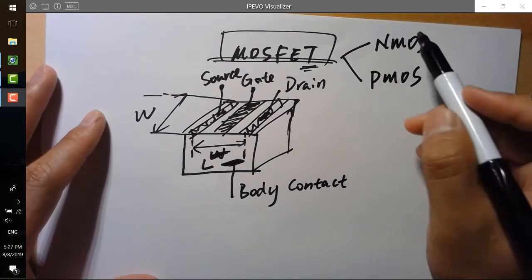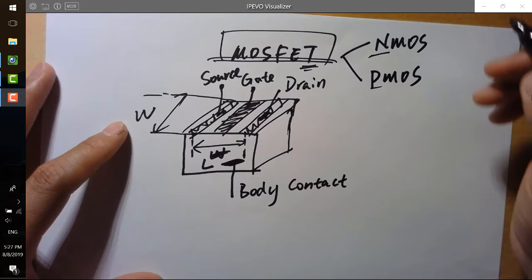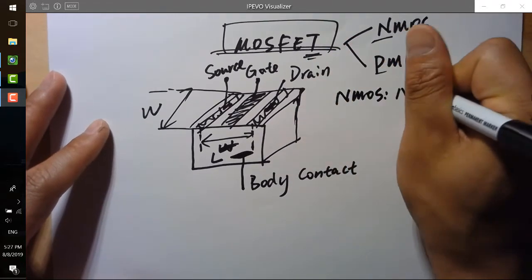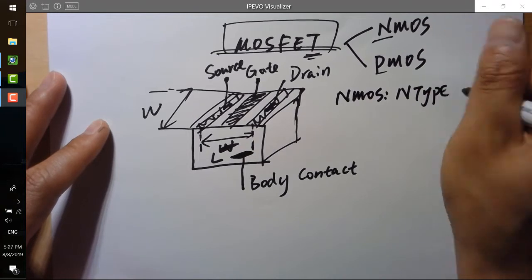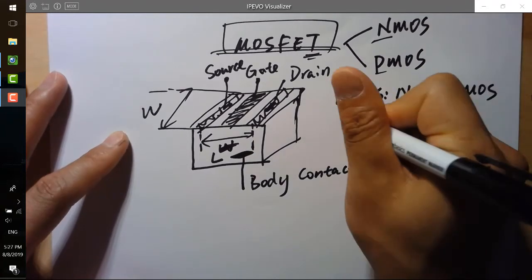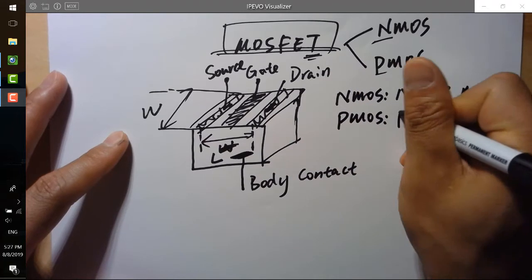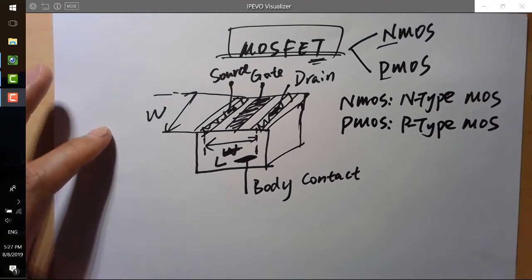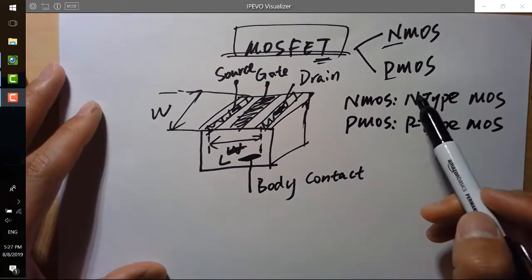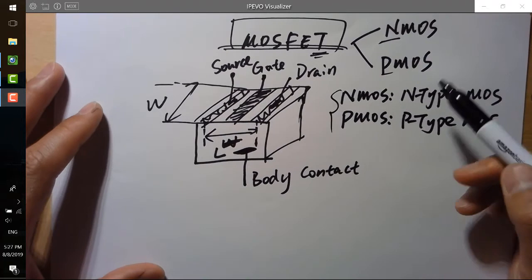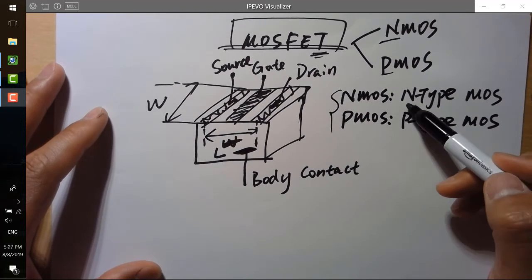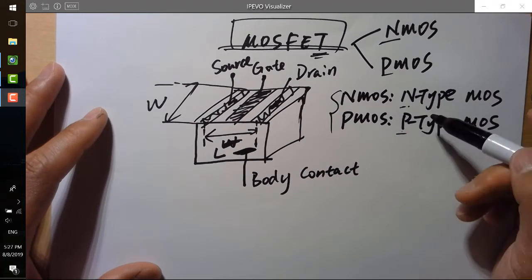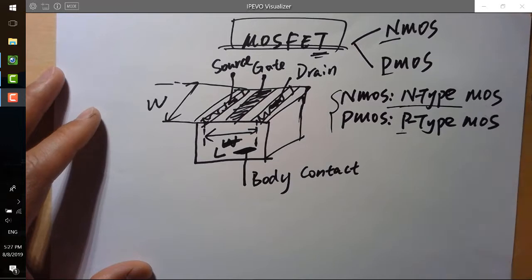NMOS stands for N-type MOS, and PMOS stands for P-type MOS, which means there are some minor differences in the materials in these devices. Let's take a look at the N-type MOS first.